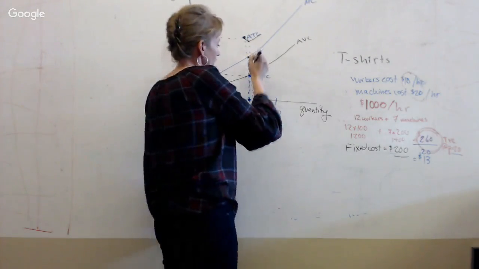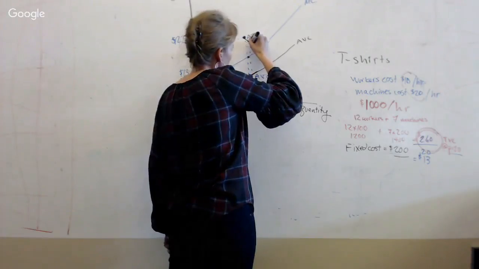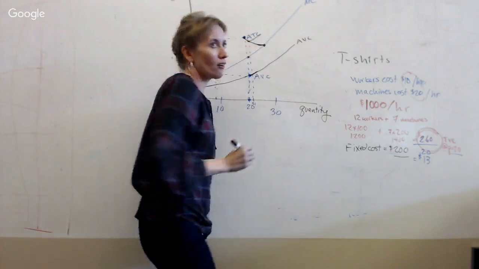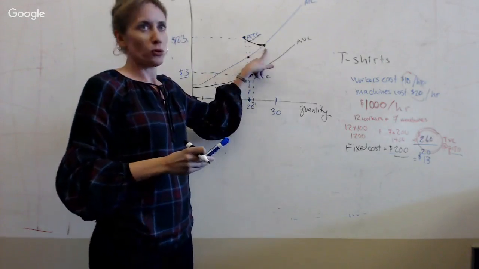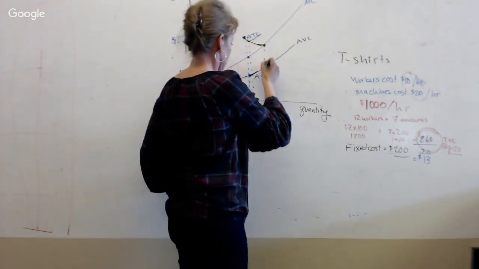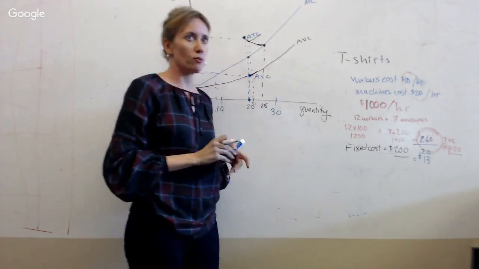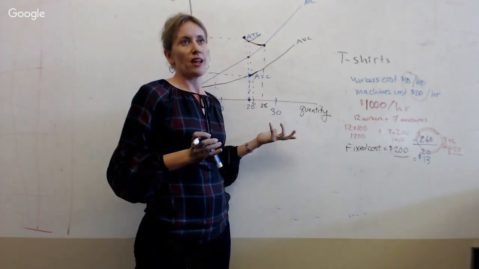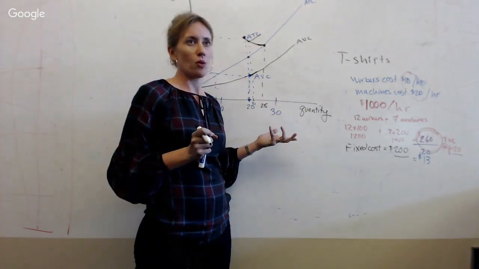And it will keep falling until we reach the point where average total cost is equal to marginal cost. Right here at this point, looks like 25 to me, the next t-shirt costs us what the average t-shirt costs us. So the average won't change.